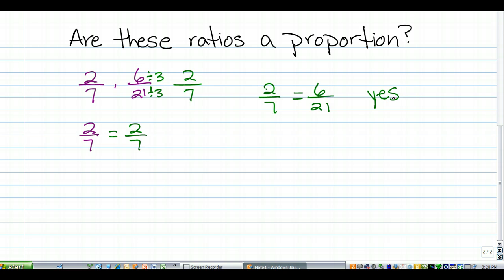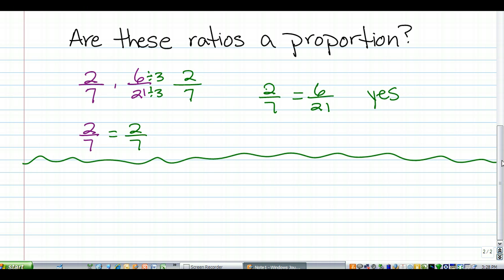All right. I'm going to show you another way that you can find out if ratios are a proportion. And it's really an easy peasy way. You don't have to simplify any fractions. Let's put back our 2/7 and our 6/21. Now here's the deal.